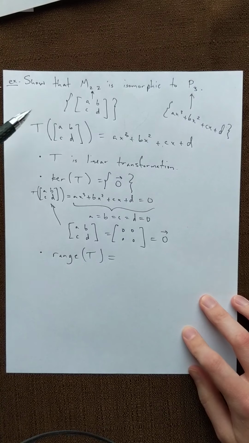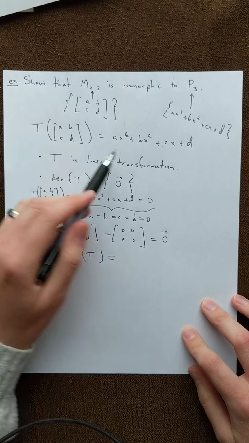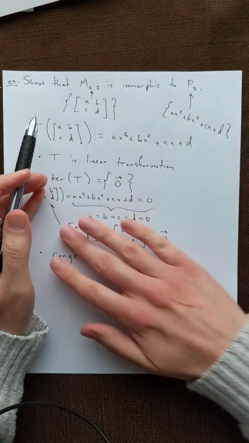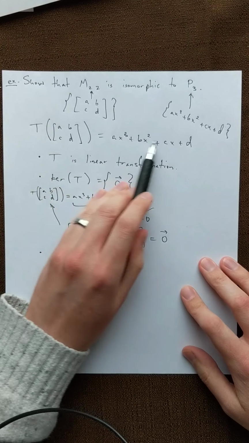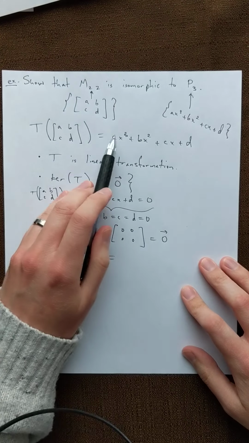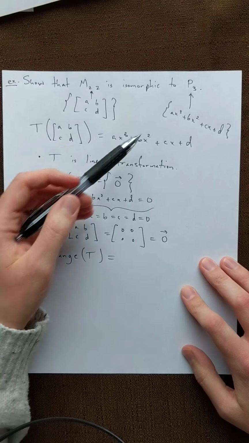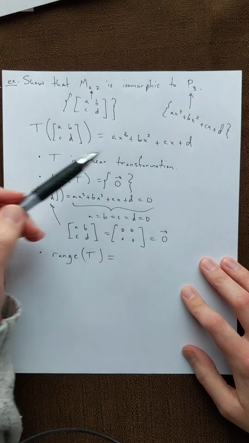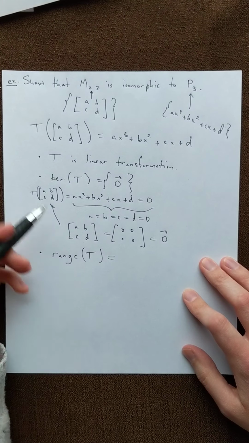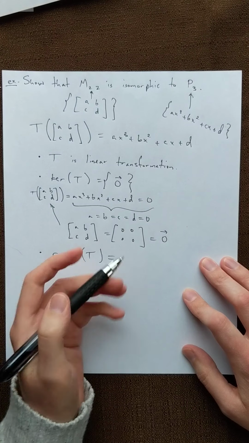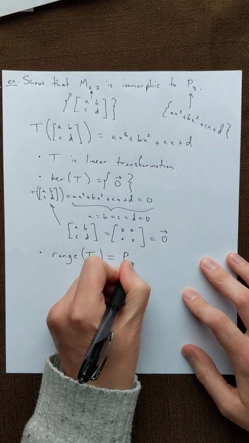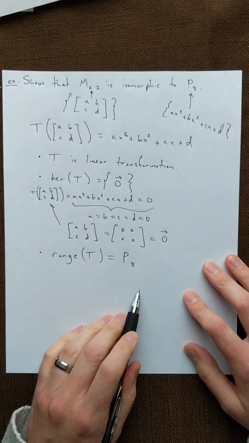What are all outputs going to look like? Well, T of anything is going to look like this, and anything in P3 is also going to look like this. So I feel like anything in P3 is going to be some output of some starting vector in M22. So I think we can just go ahead and say that, yes, the range is equal to P3.